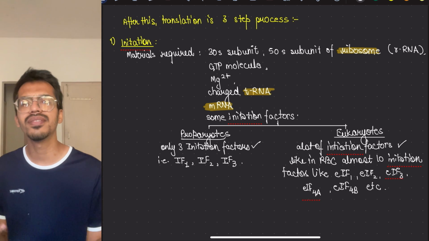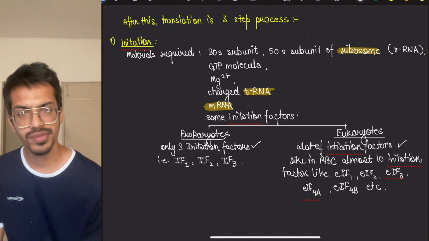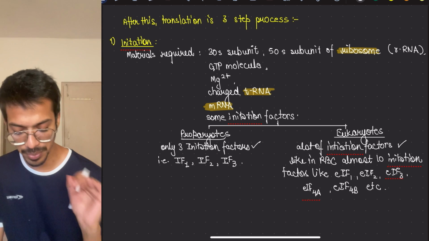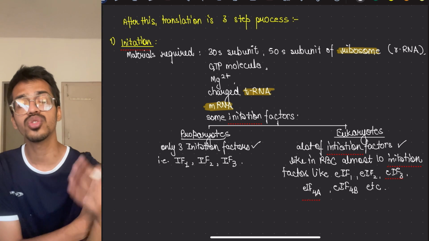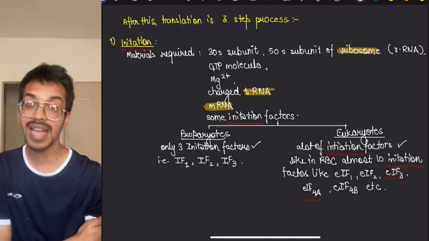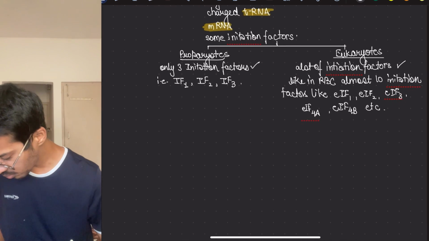Initiation factor 5, 6, a lot of them are present. So I just gave an example of it, that in eukaryotes, so many cells, so many divisions, so many types would be there. Okay, moving on to the next one.